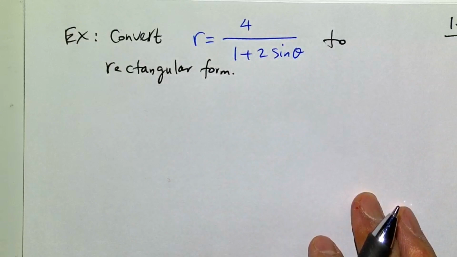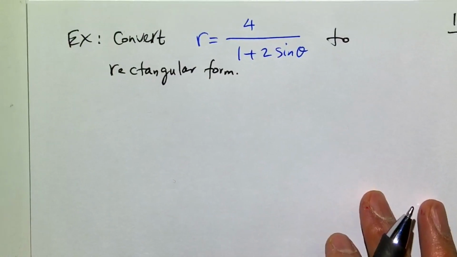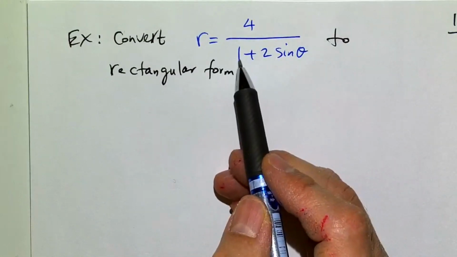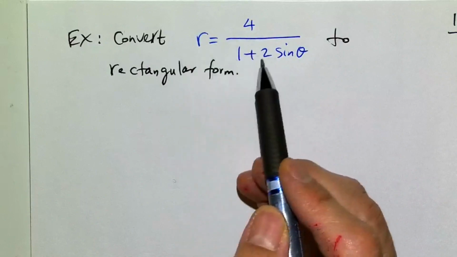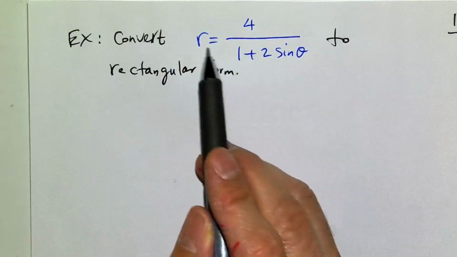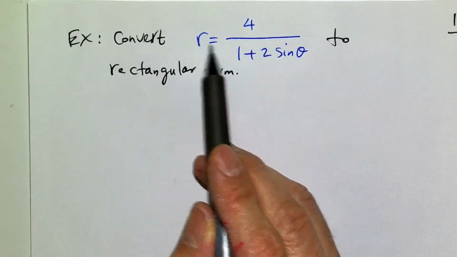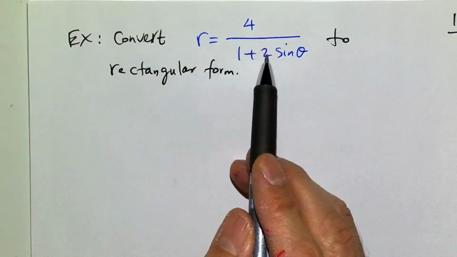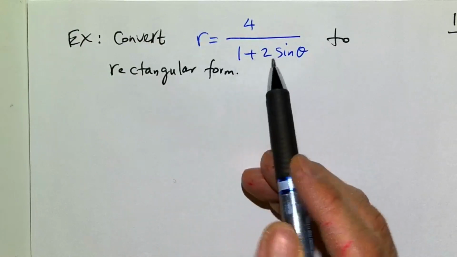Okay. So once again, because we're going to rectangular form, the connection between rectangular and polar form always has r multiplied by either sine or cosine. Let's cross multiply so we get that. So we get r times that.